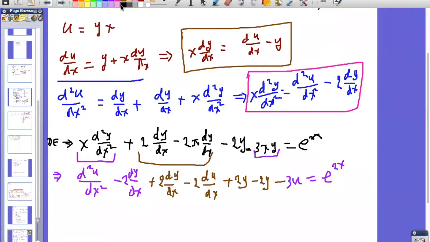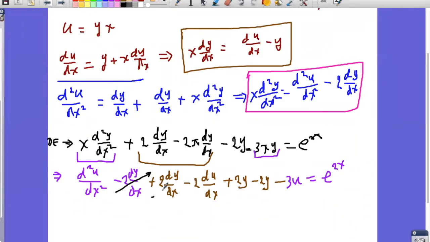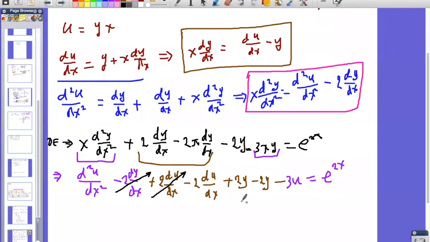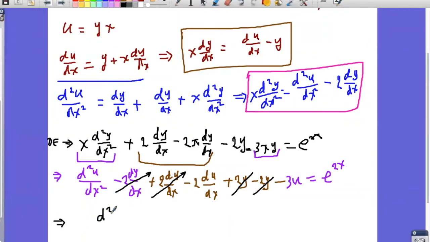And so this will cancel with that, and that will cancel with that to give us d squared u over dx squared minus 2 du/dx minus 3u equals e raised to the power 2x.